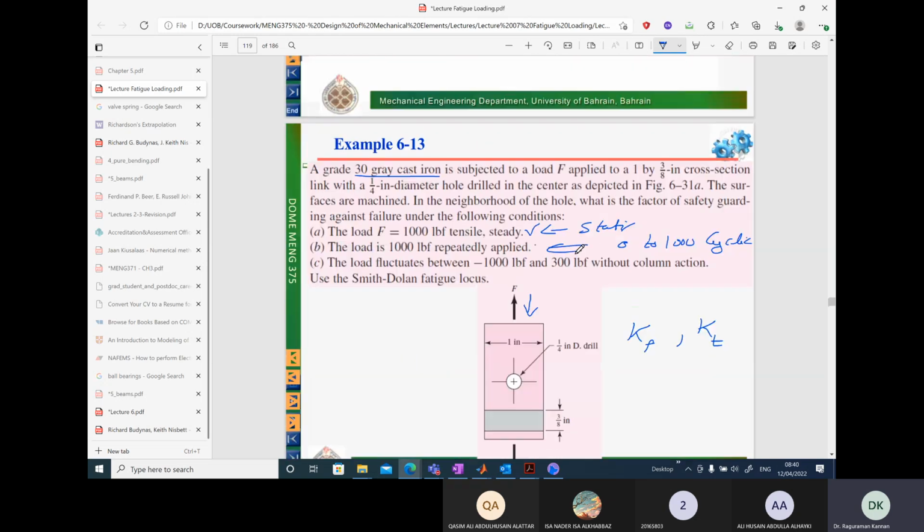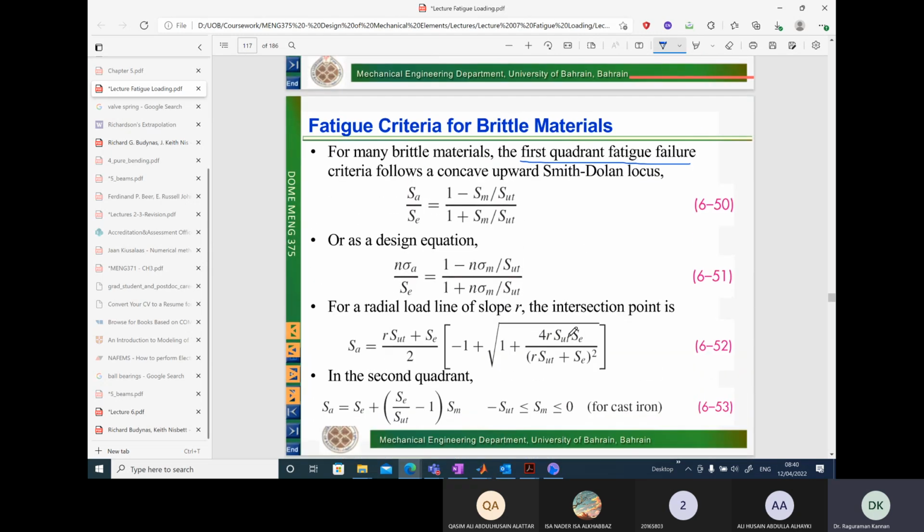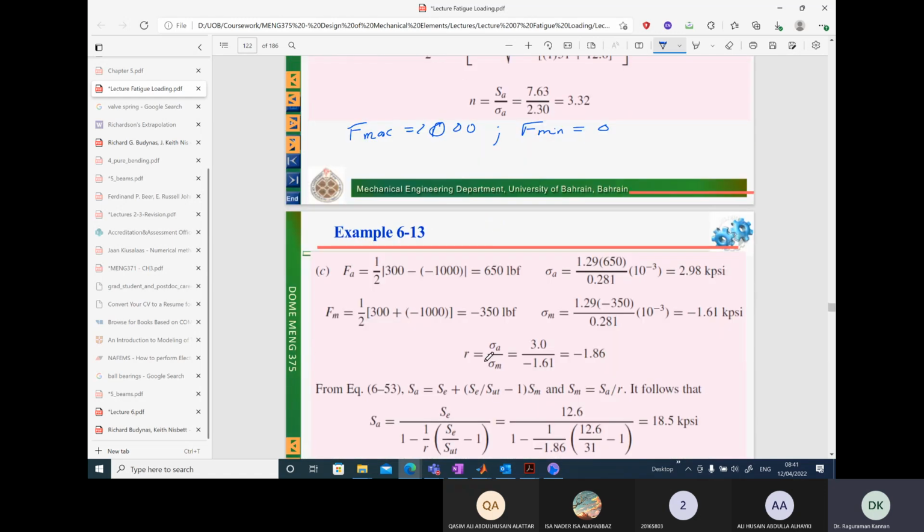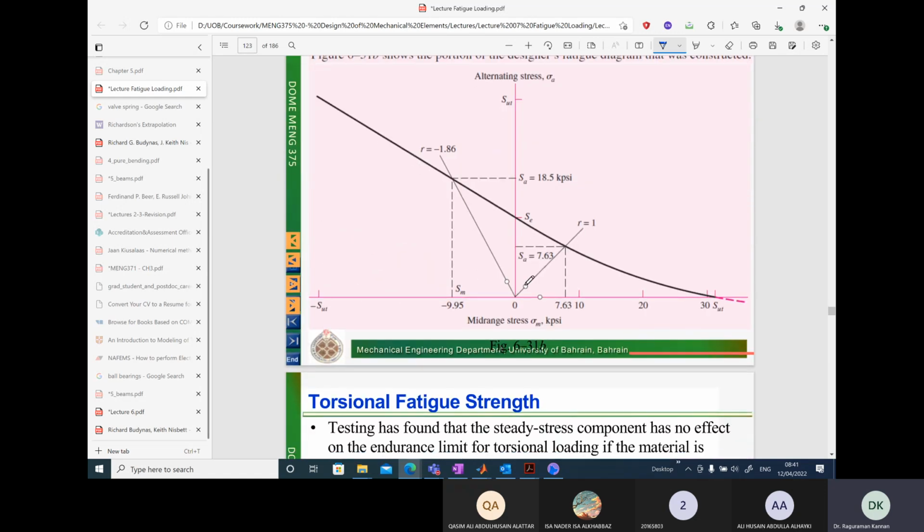What's the equation to be used? Go back. This is the SA value. Okay, so what are the values of SUT? In the positive quadrant, we have to use SUT. Okay, and substitute the SUT, SE values. But what is R? R in our case, on the radial load line, will be equal to sigma A over sigma M. Both values are equal, therefore it is equal to 1.